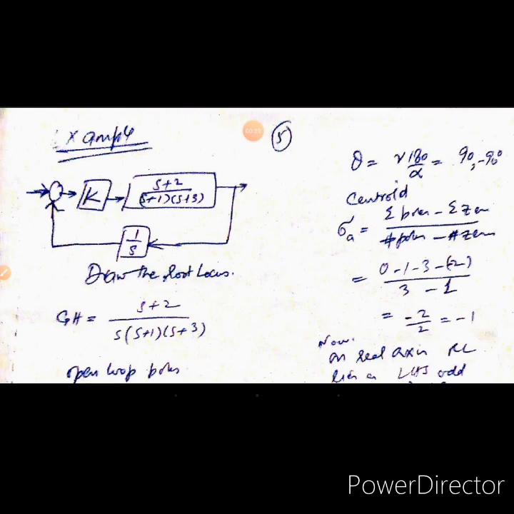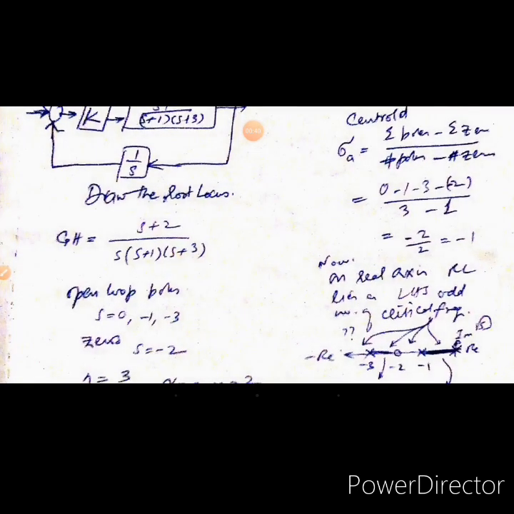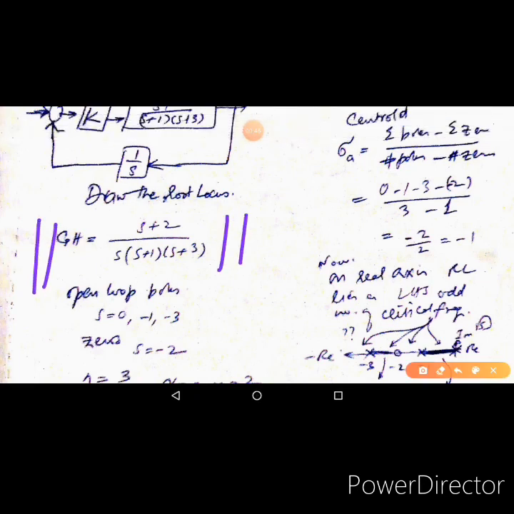So the plant has a 0 at minus 2 and poles at minus 1 and minus 3, and the feedback, the transfer function of the sensor, has a pole at the origin. So the open loop function GH is as shown over here in this slide. We are supposed to make the root locus of the system.